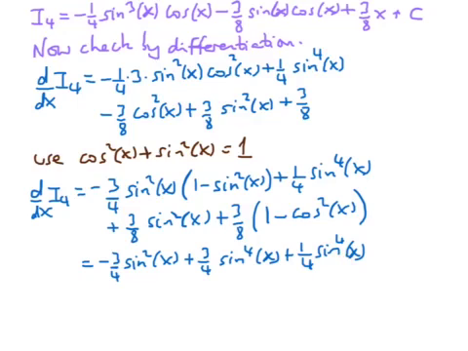And then here I have 3/8 sine squared x plus 3/8 times sine squared x, so I have twice 3/8, which is 3/4.